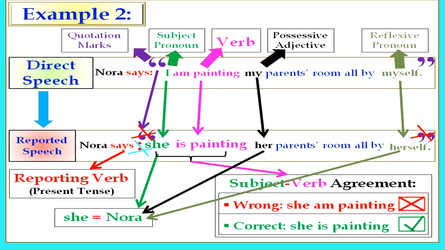Just as a kind of summary, in today's lesson we have been talking about the two types of speech, direct and reported or indirect speech. We have seen some examples for each case, and we have been talking about the main differences and the changes that occur when we shift from direct into reported or indirect speech.